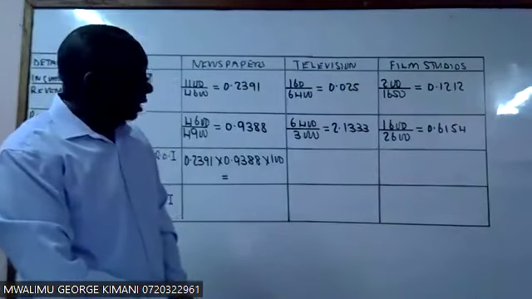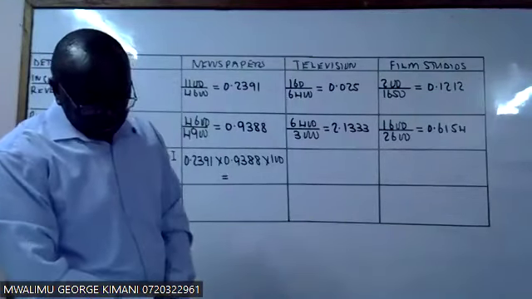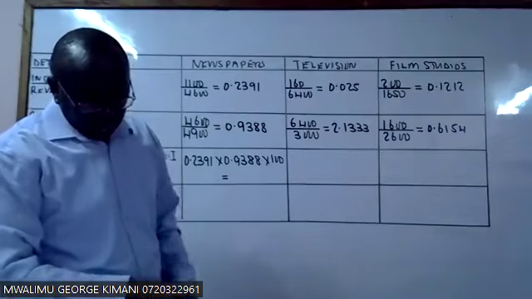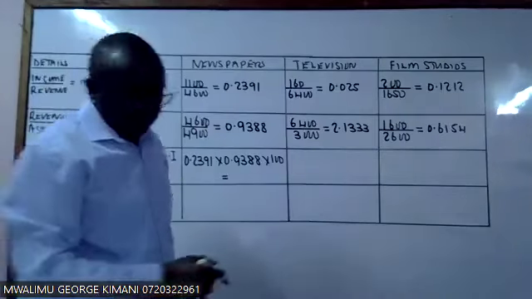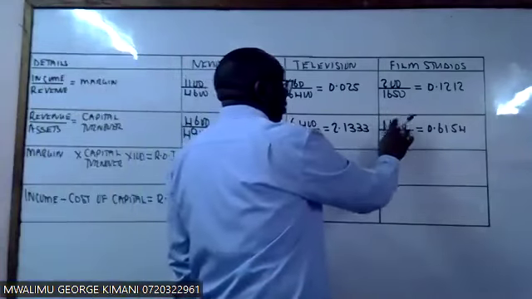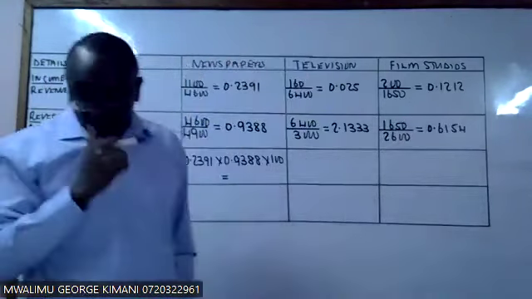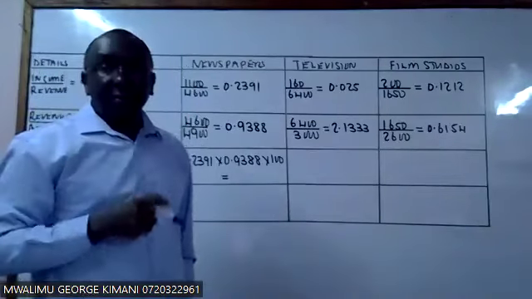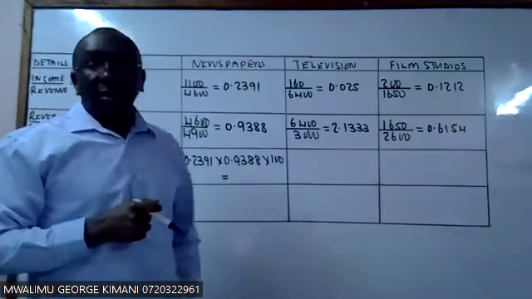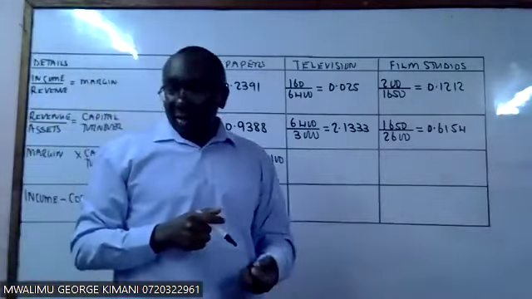Oh, this other one is 1650, eh? Oh, I took the 2000 one. So it's 1650. Thank you. So does that change this one?